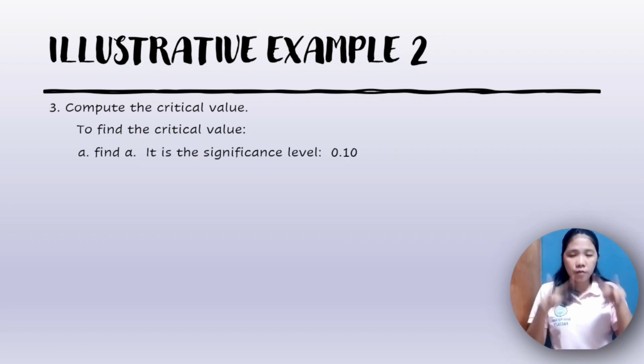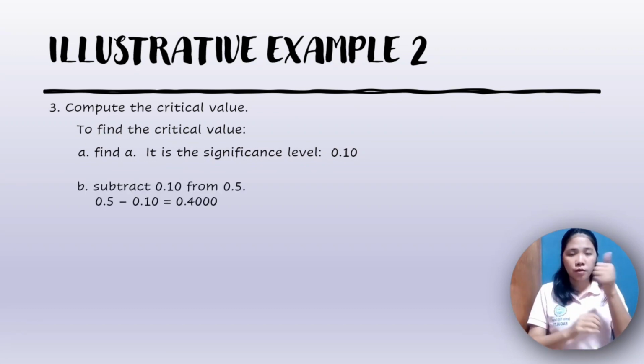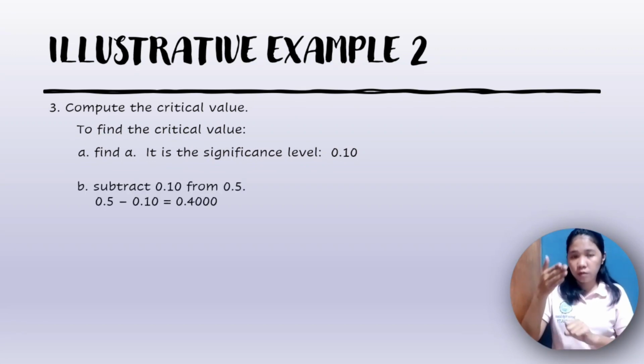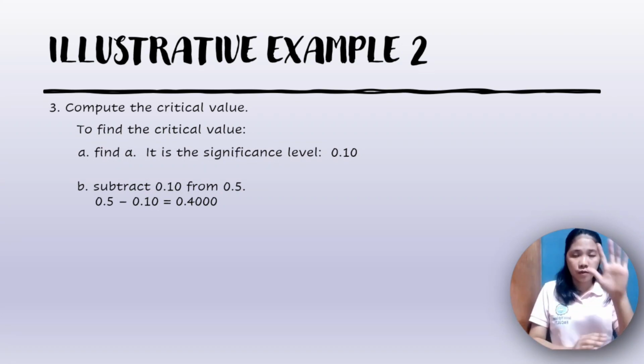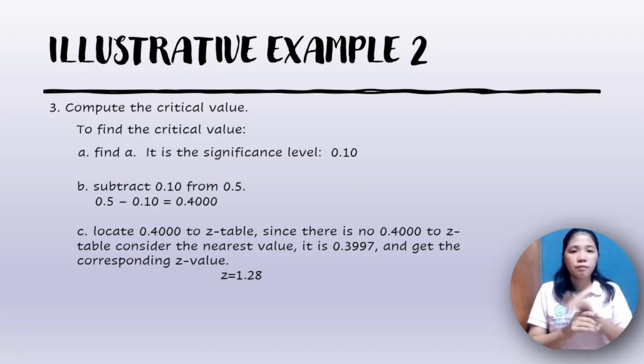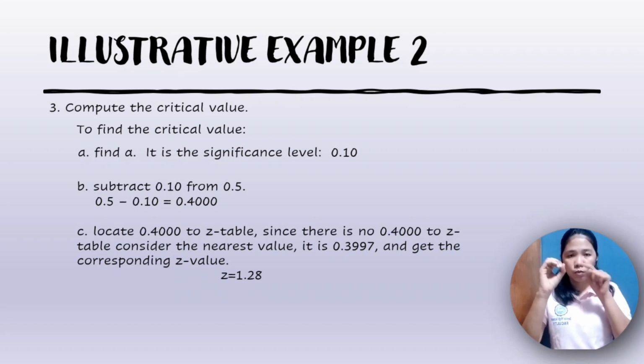So again, to find the critical value, letter A, find alpha. And it is the significance level 0.10 as stated in the problem. Subtract 0.10 from 0.5. So we come up with 0.4000 or 0.4. Then we need to locate 0.4000 or 0.4 in the Z table.